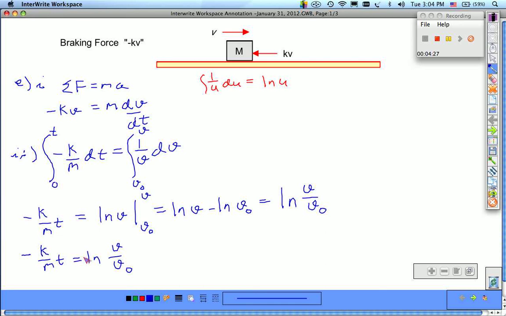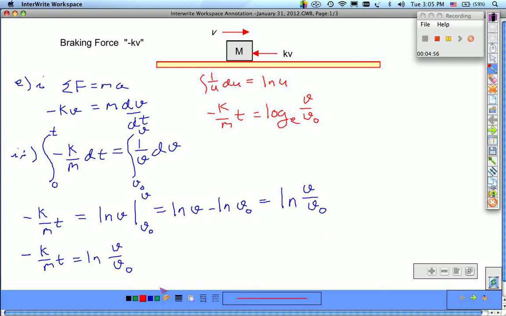We're going to transform this into exponential form. So watch carefully. I'm going to rewrite minus k over m t, and I'll draw this in red. We have minus k over m t is equal to log base e, because the natural log is shorthand for log base e, of v over v naught.